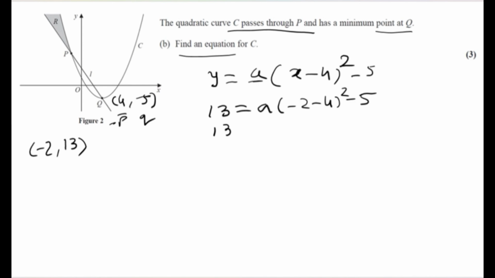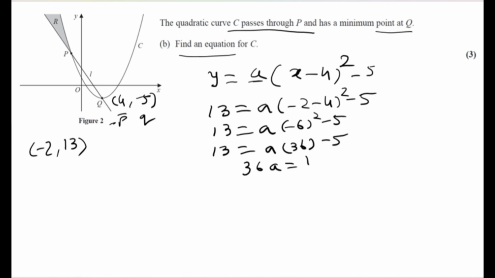So 13 = a(−6)² − 5. 13 = a(36) − 5. When you simplify, take 5 to this side. So 36a = 18. So a = 18/36, which gives you a half. So this is my value of a.